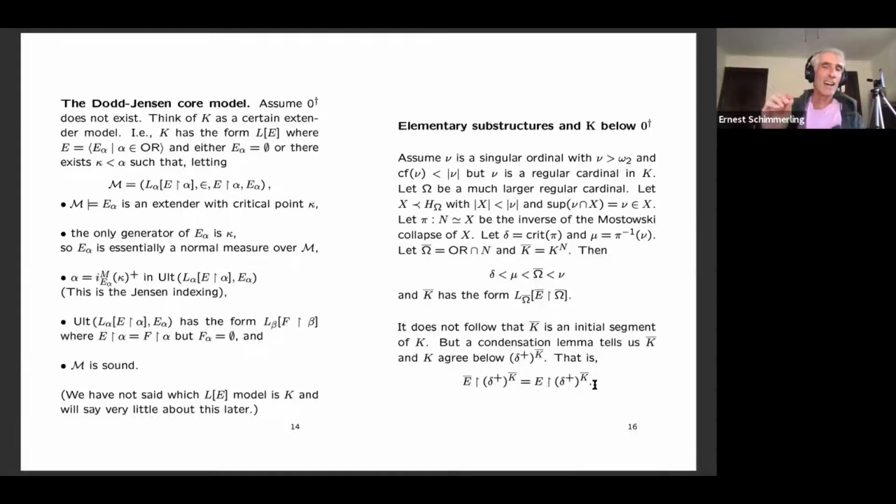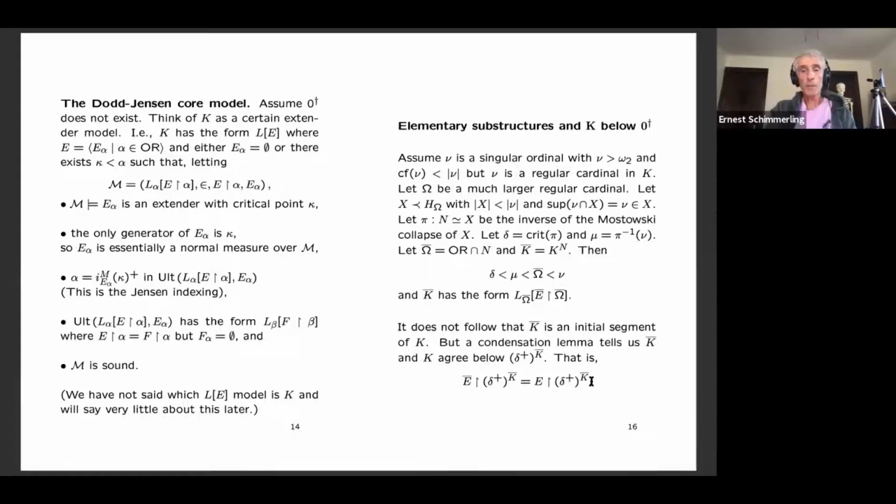And that's useful information because these are models of GCH, in the same way that L is, which means that subsets of delta are all constructed before the next cardinal after delta in the models. So this is telling us that the power set of delta in K bar is contained in the power set of delta in K.